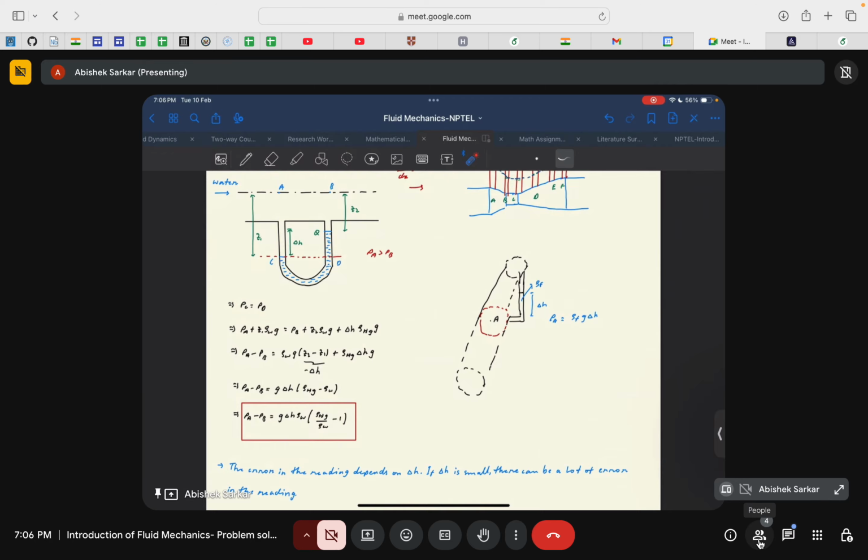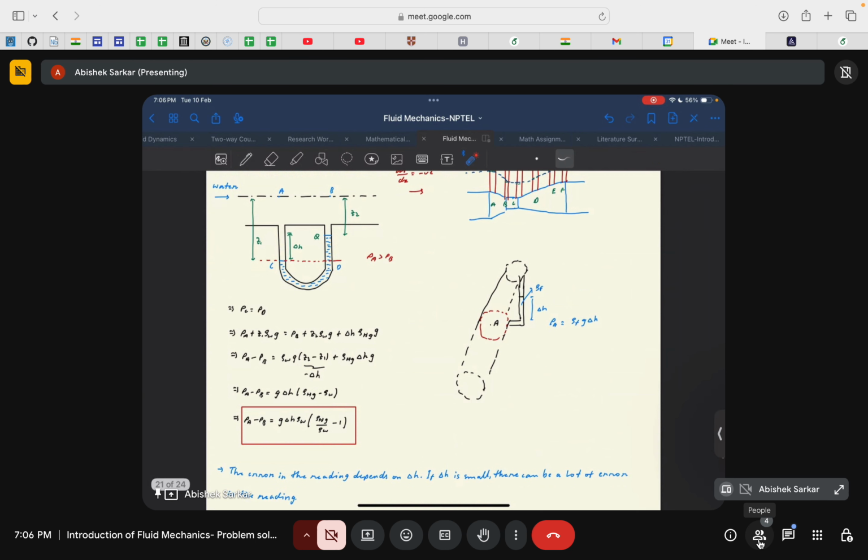Once you have stated it, everything is very simple. Just measure all the pressure differences. The pressure at point C would be given by PA plus the pressure by this liquid column, rho W G Z1. For the pressure at point D, we'll follow the same steps.